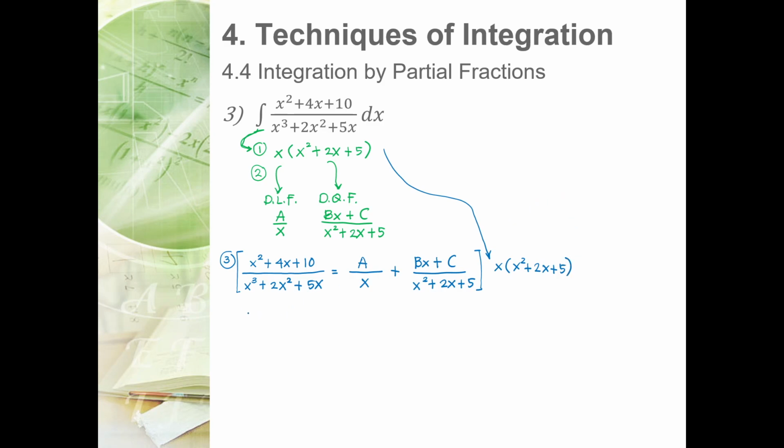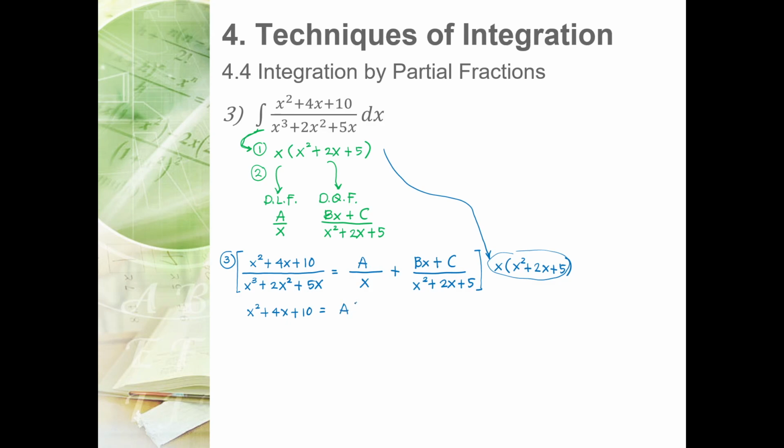So our equation becomes x squared plus 4x plus 10. Again, the denominator is eliminated, because if you try to expand this one, this also gives us x cubed plus 2x squared plus 5x. The purpose of using the factored terms is that it's easy for us to determine which terms are to be multiplied with your unknown parameters.